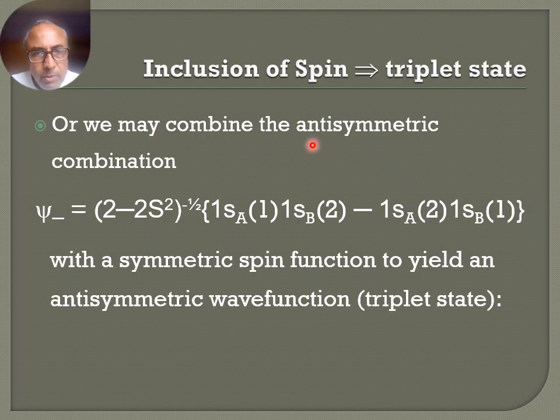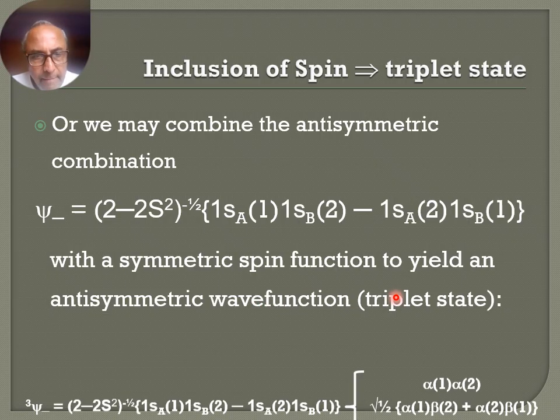Or we can combine the antisymmetric combination of the orbitals, that is 1s A1, 1s B2 minus 1s A2, 1s B1, with a symmetric spin function to yield a total antisymmetric wave function for the triplet state.